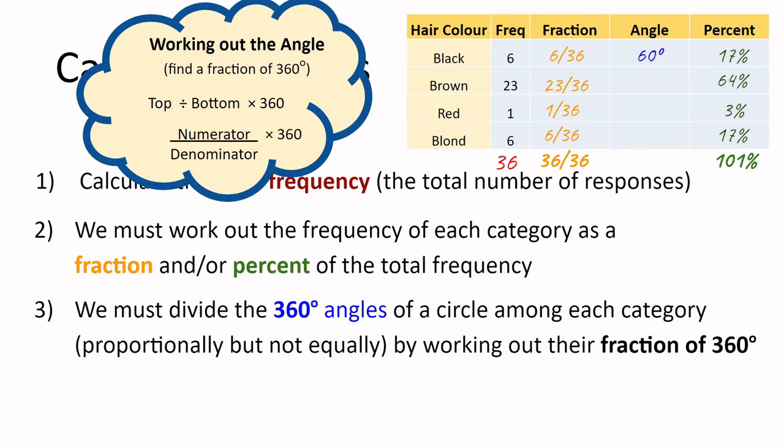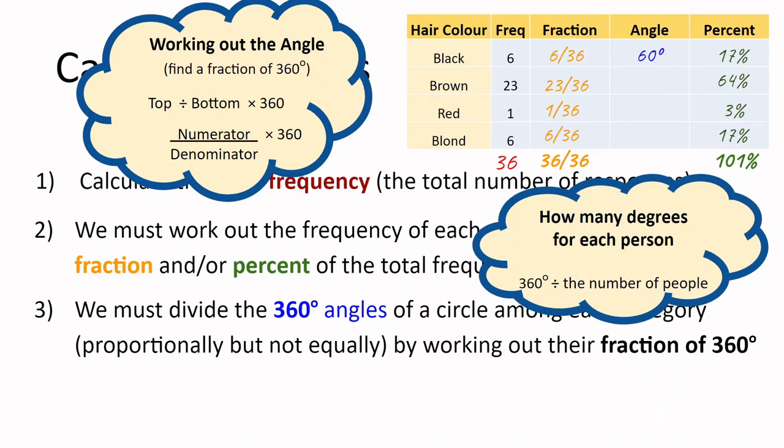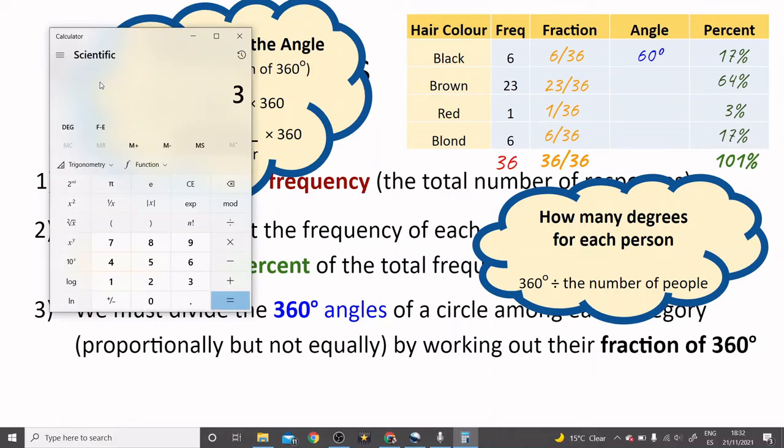And if a full circle is 360 degrees, that would mean that each person would be represented by 360 divided by 36. 360 divided by 36, that's 10 degrees per person. Now look at the answer we just worked out. We saw that 6 people would make an angle of 60 degrees. 6 divided by 36 multiplied by 360 gave me 60 degrees.